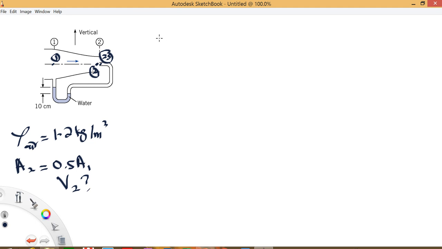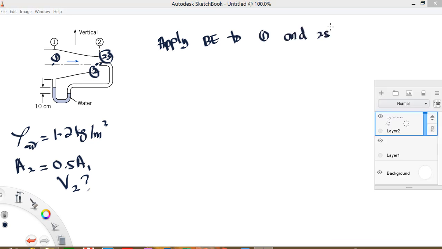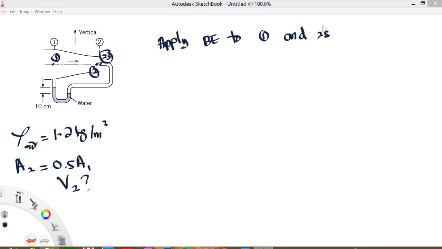So let's say I use Bernoulli equation to 1 and 2s. Why am I not using point 2? Because I don't know the values there.